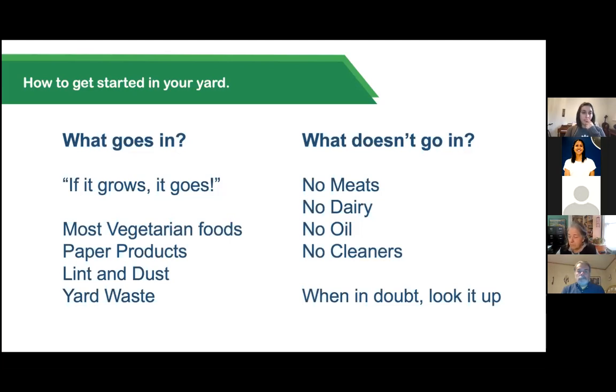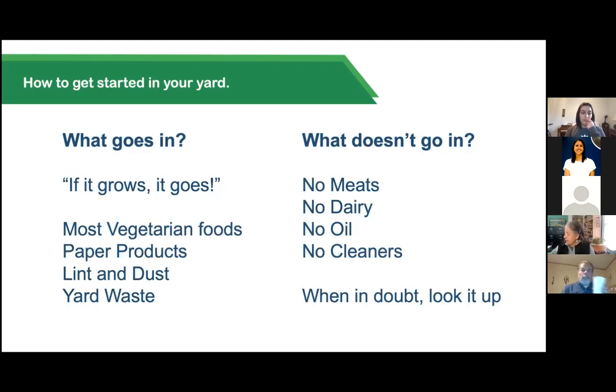So, but let's see, lint and dust. This is something that people don't necessarily know about, is your dryer lint. You can just throw that into your compost. It's actually really nice for controlling your moisture content. If there's like a lot of moisture in your compost, lint and dust really helps balance that out.